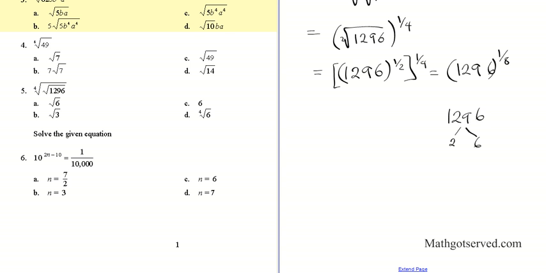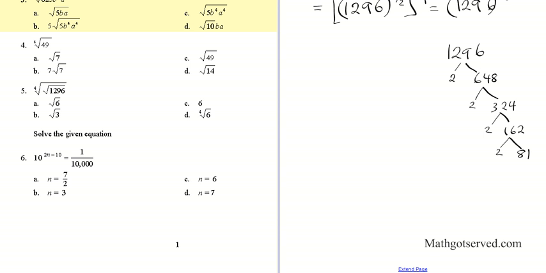I'll have 648. 2 goes into 648: 324. Take out another 2. 2 goes into 324 twice: 162. Take out another 2. I'll have 81.